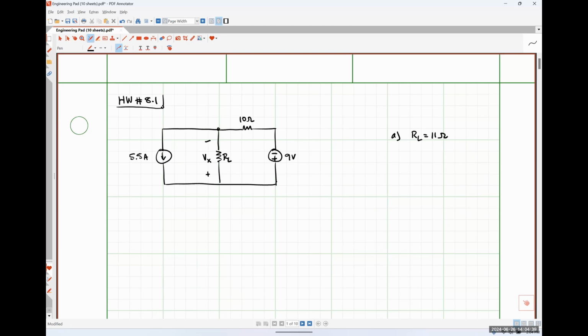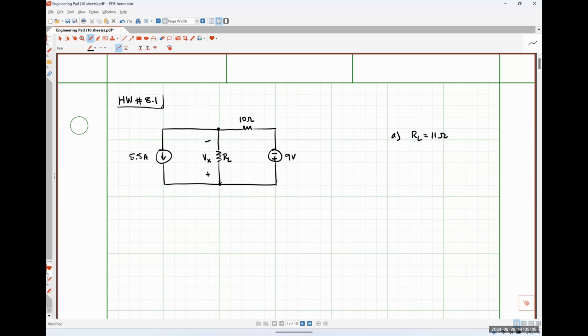So for this particular part, we can really do anything that we want to do. So I think quite possibly the easiest way to go about solving for the quantity Vx might be nodal analysis or something like that.